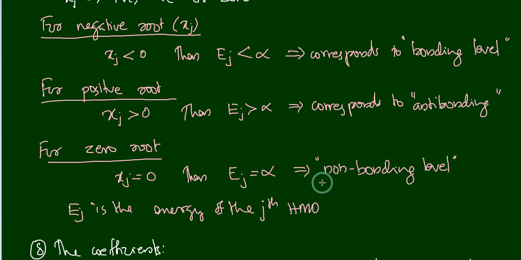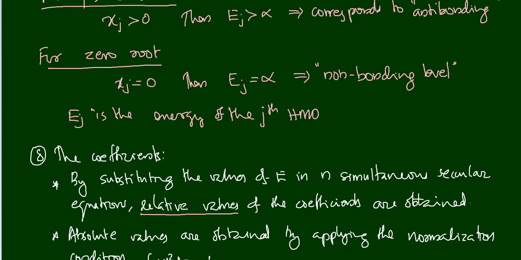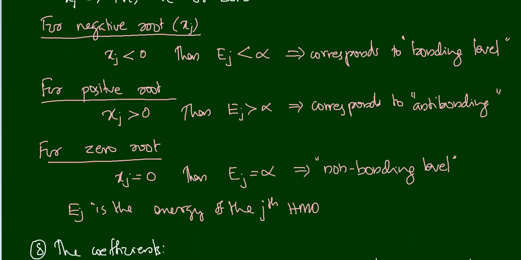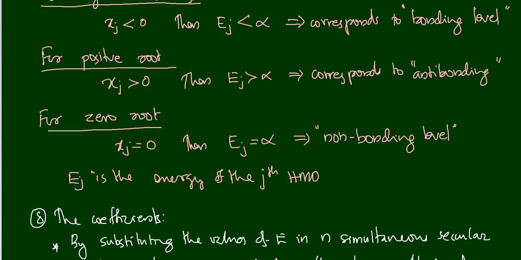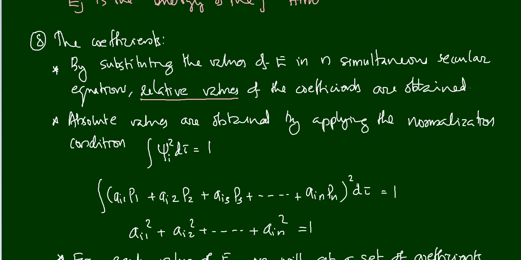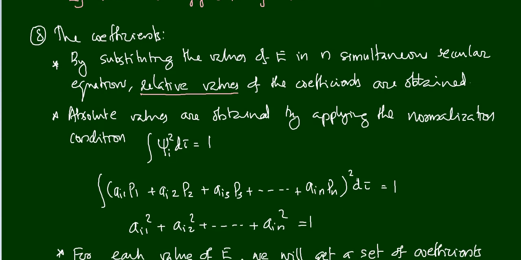So ej is the energy of the jth Hückel molecular orbital. Corresponding to different roots of xj, we have different bonding situations like bonding level, anti-bonding level, and non-bonding level. Now let's look at the coefficients.